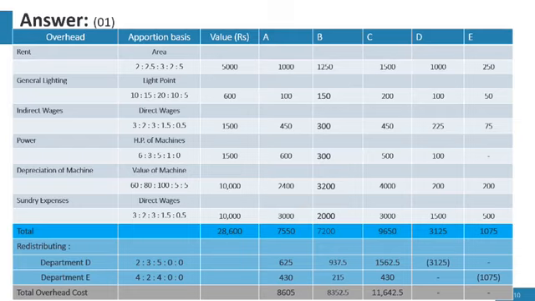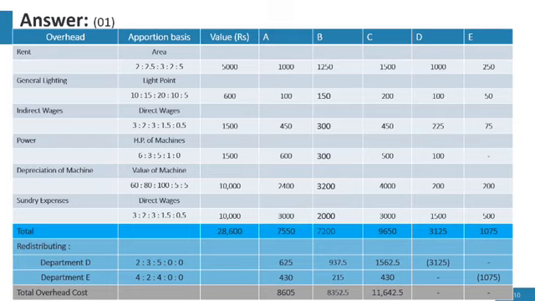After this reapportionment, the service departments' total becomes 0 and the entire overhead burden is accumulated only in departments A, B and C. This collected overhead can now be used to compute overhead absorption rates and the total cost of manufacturing a product.